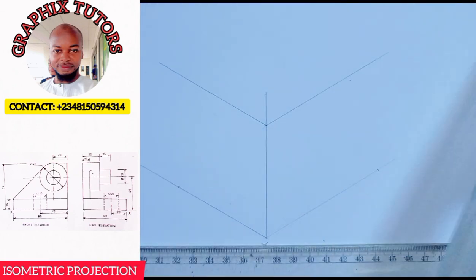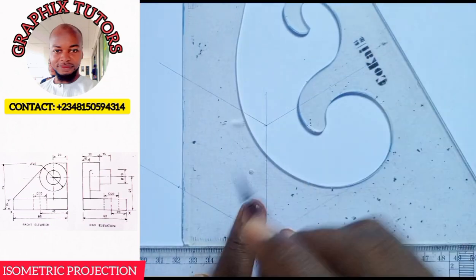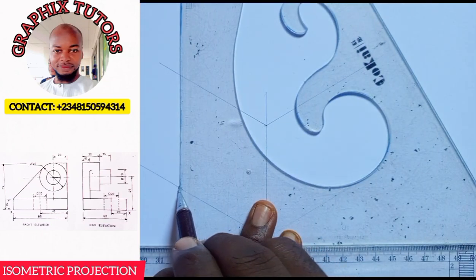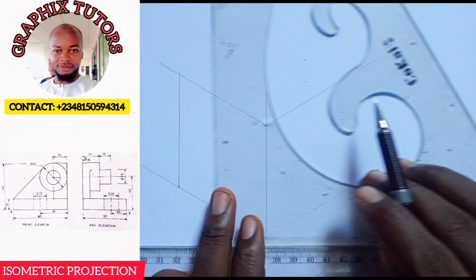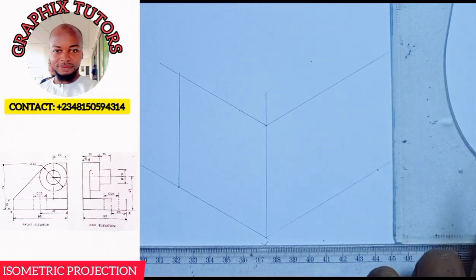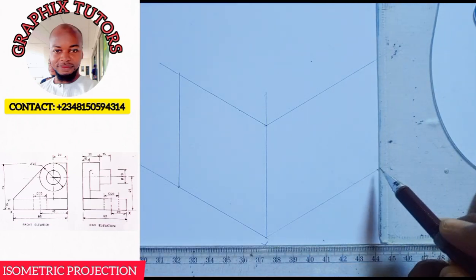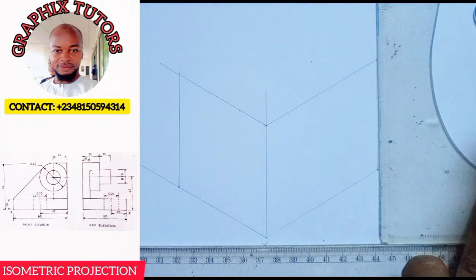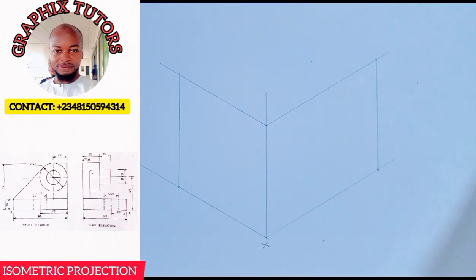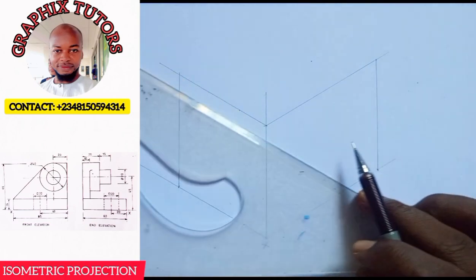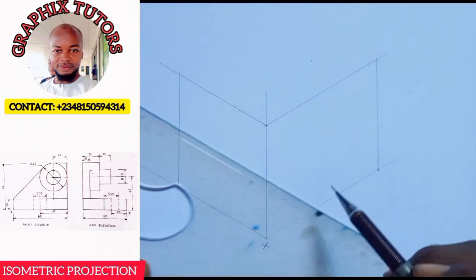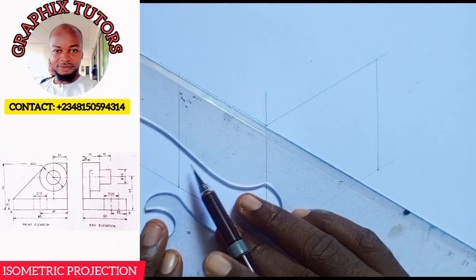Right? And also I'll take this up vertically to touch it, and also I'll take this up vertically to touch this. Right?